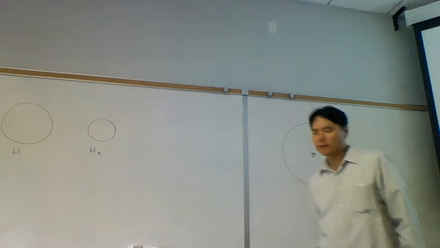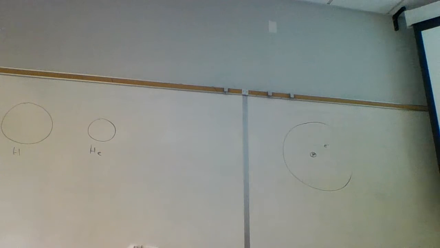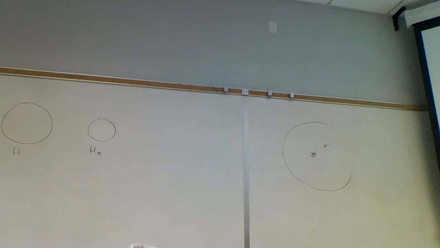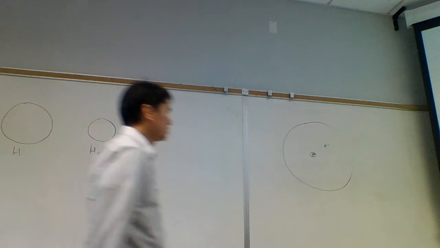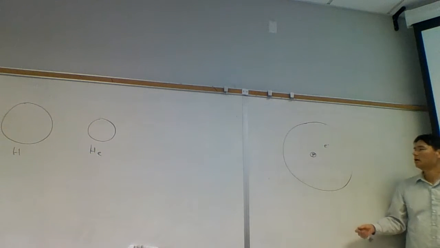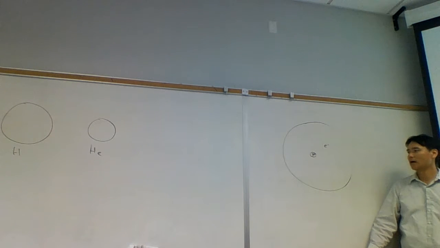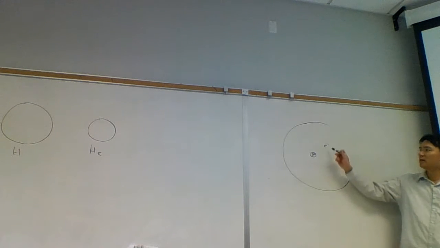And what do Coulombic attractions depend on? The charge. The higher the charge, the stronger the attraction. The lower the charge, the weaker the attraction. The charge here is +1 for the proton, -1 for the electron. And so this is attraction. Opposite charges attract. Now, that's going to keep the electron there.